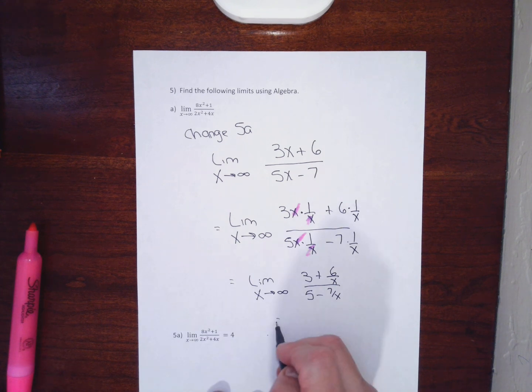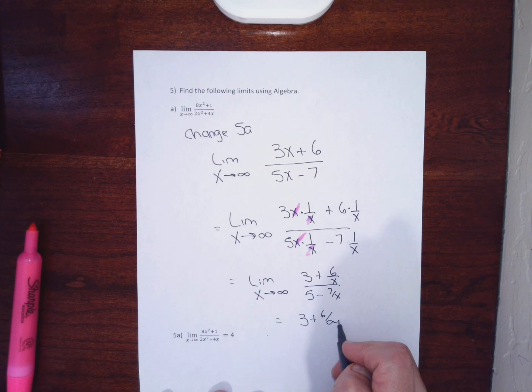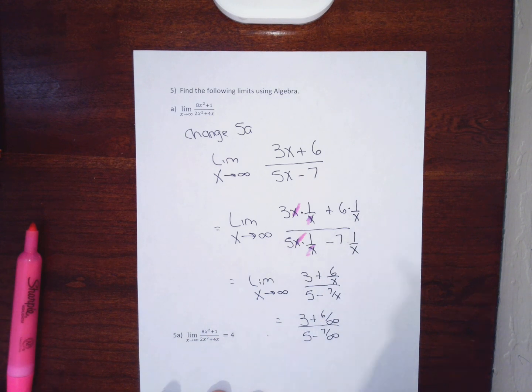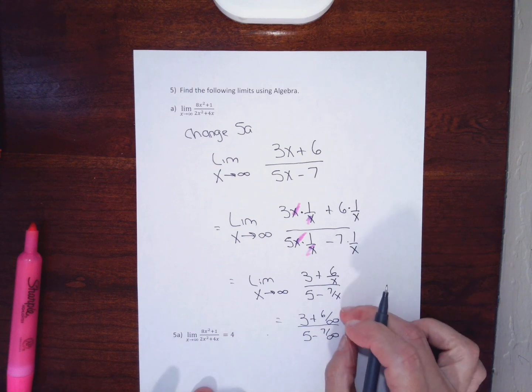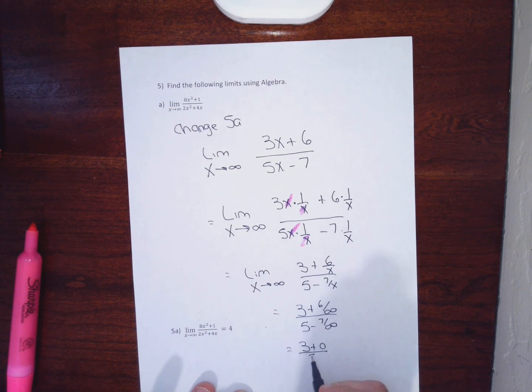And when I plug in infinity, I stop writing the limit symbol. So this is 3 plus 6 over infinity divided by 5 minus 7 over infinity. And calculus tells us that these pieces with infinity in the denominator are essentially 0. So this is going to be 3 plus 0 over 5 minus 0.